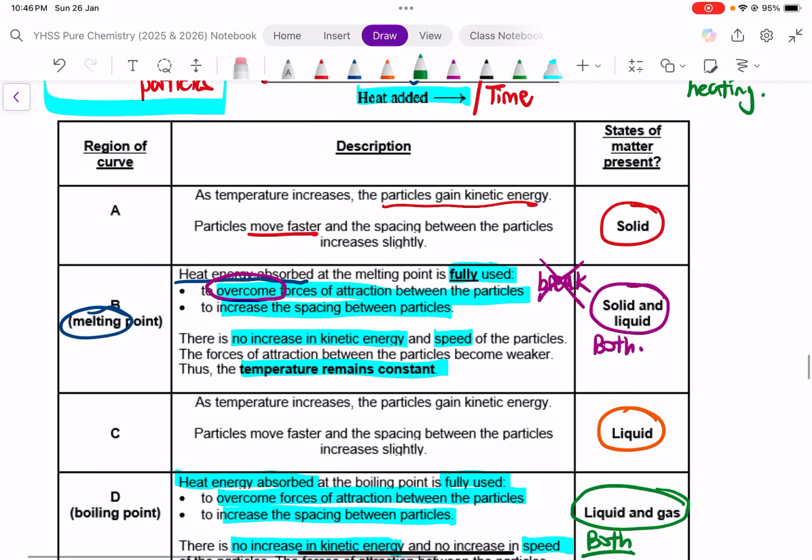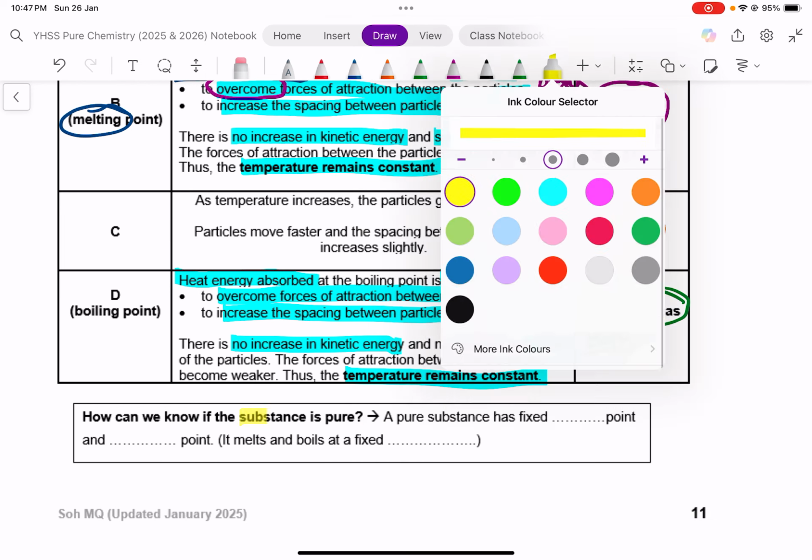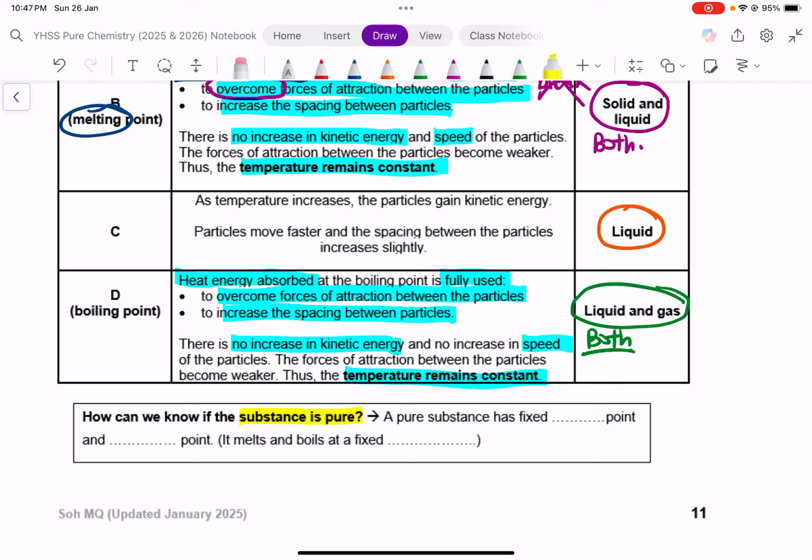Okay, now finally, the final piece of information you can get from the heating curve is that this substance is actually pure. How can you tell that from the heating curve that this substance is pure? So we learned in chapter 1, a good way to tell purity is to look at whether it has a fixed melting point and boiling point.